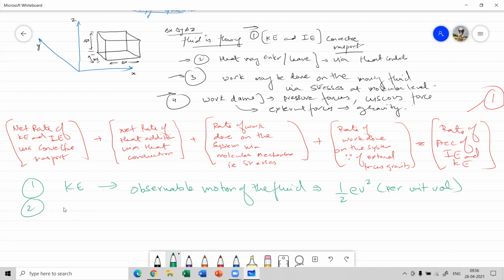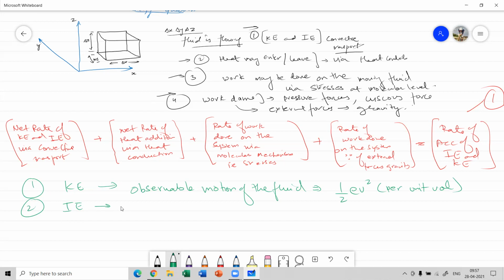Second is when we talk about internal energy. Internal energy comprises all the energies associated with the motion. That can be vibrational, rotational energies associated with the molecular interaction. So all those energies can be associated with this internal energy.